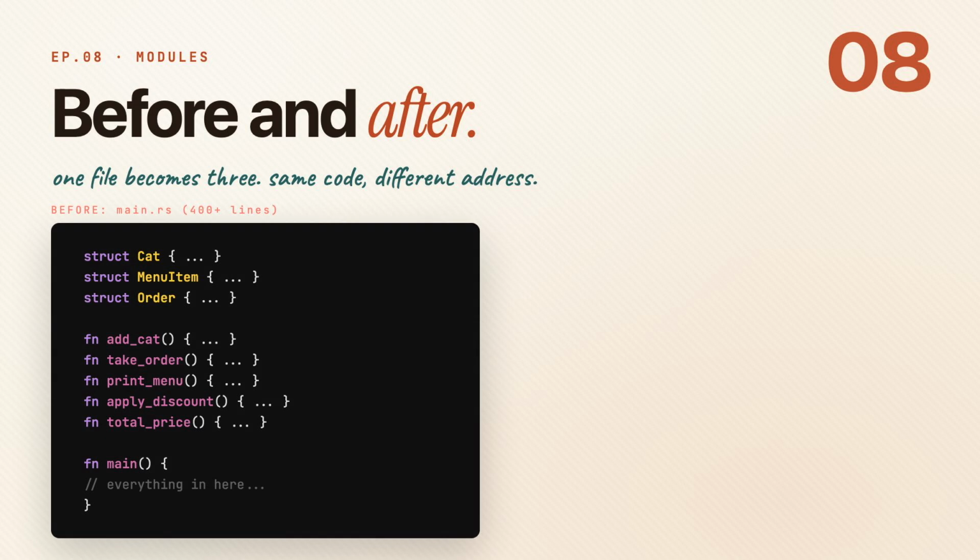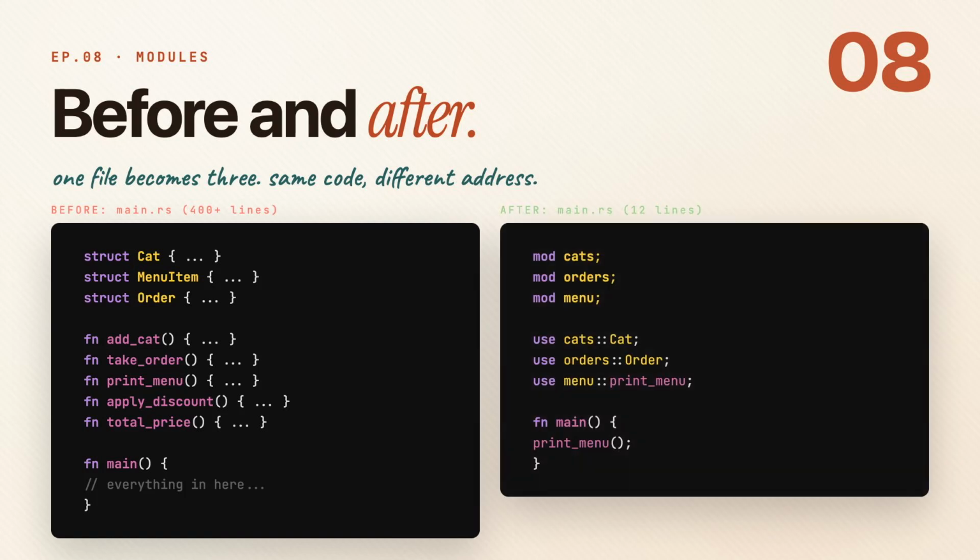Here is the before. So one file, 400 lines, structs, functions, business logic, all piled in main.rs. You have probably done this before. And here is the after. The 3 lines of mod, 3 lines of use, 12 lines in total, and Rust finds each file automatically.